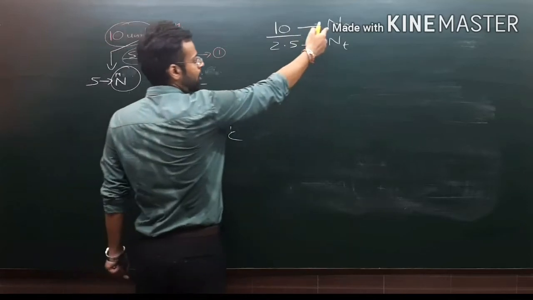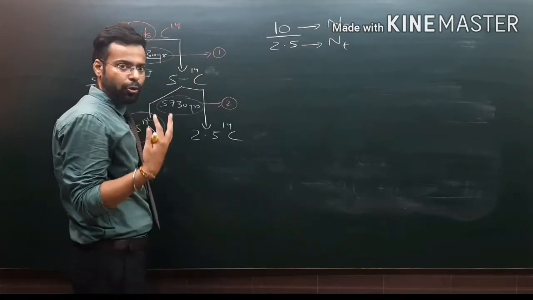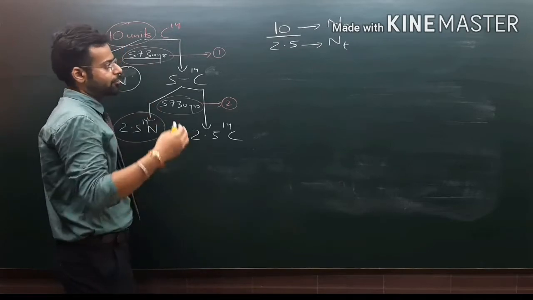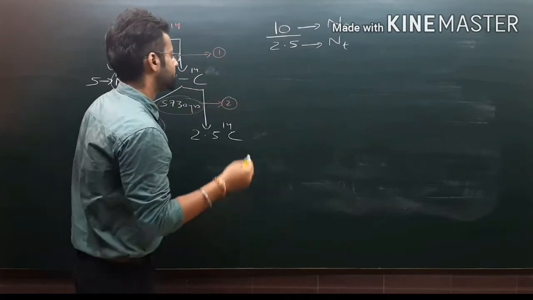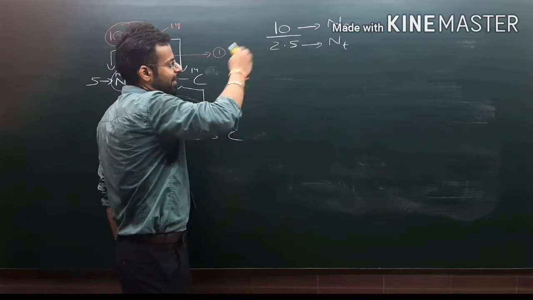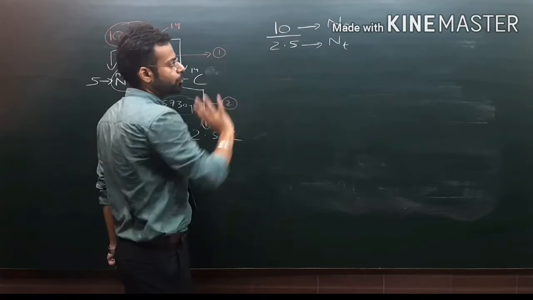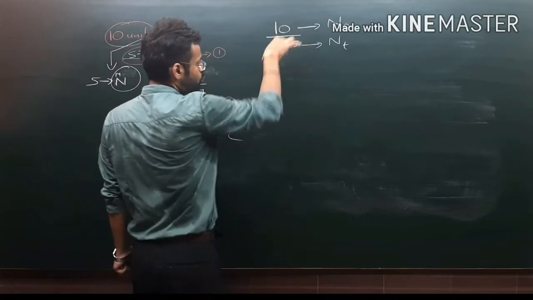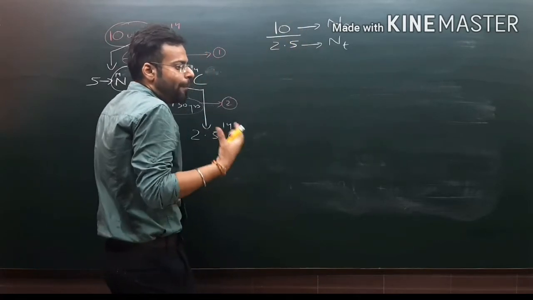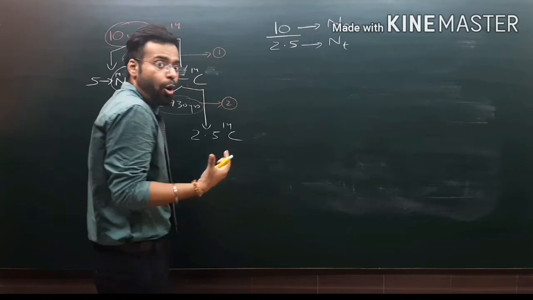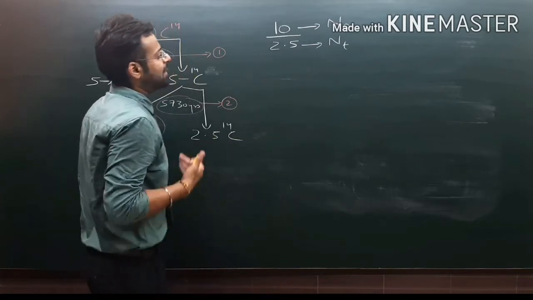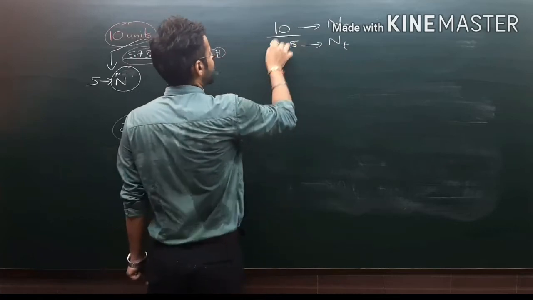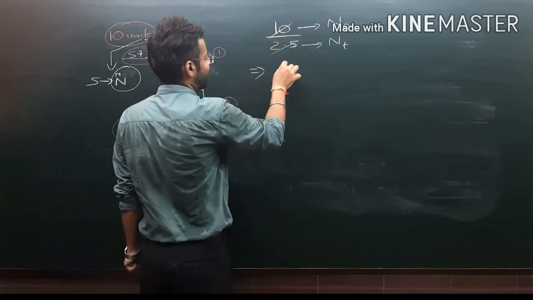So N0 is the amount of carbon 14 at time 0, from where we need to calculate. And at time t, after some time, it has become 2.5. Now, the ratio of these two tells us how many times the carbon has decreased, and this gives us a value of 4.